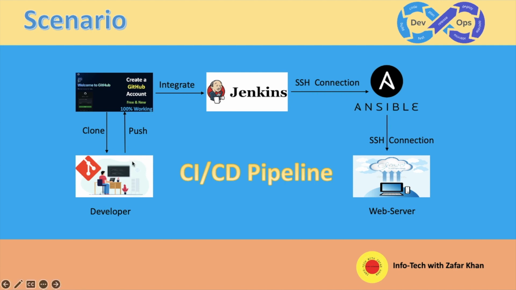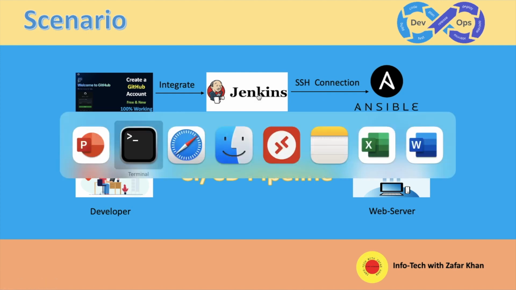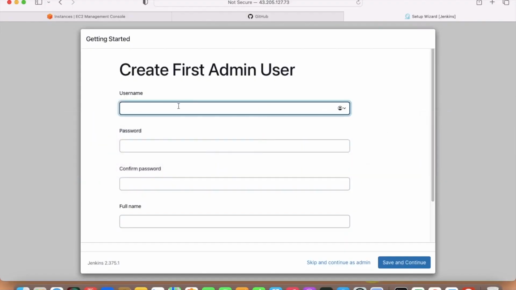Okay, when the developer pushes the code into the GitHub account, it will automatically run everything, and it will not ask for a password. So that's why we are doing the passwordless connectivity. Okay, Jenkins is also ready.